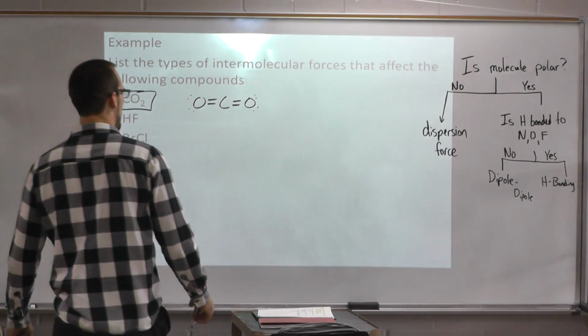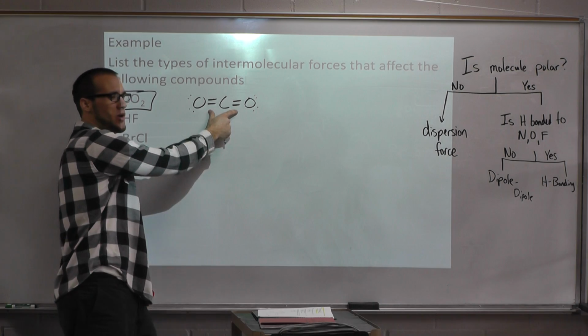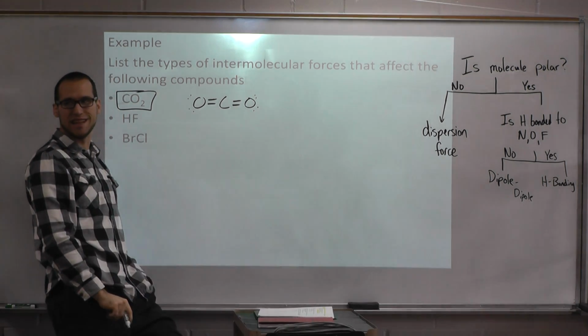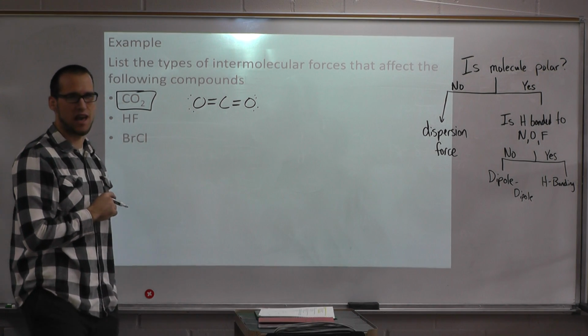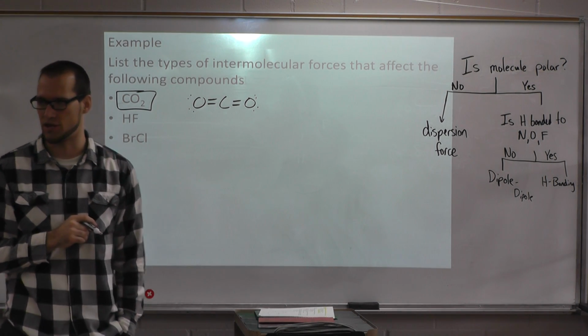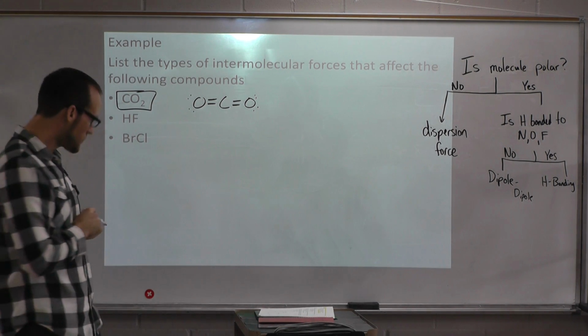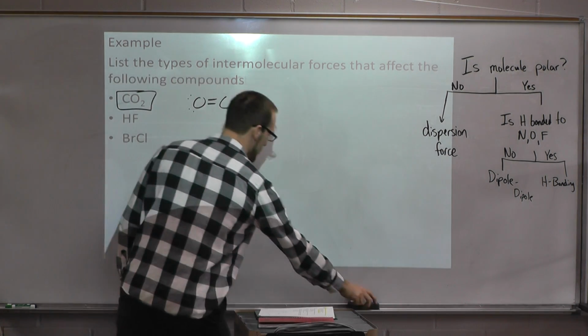Okay? Quick little review. Two regions, both regions are bonded, a 2-2 is linear. So, what is going to be the type of intermolecular force for CO2? It's going to be your dispersion force.